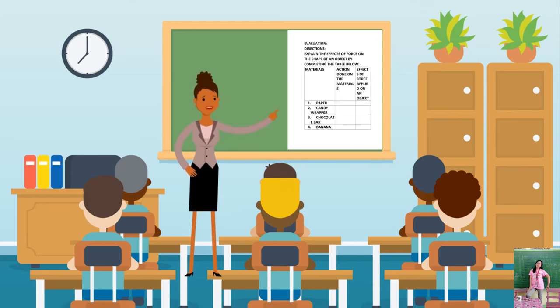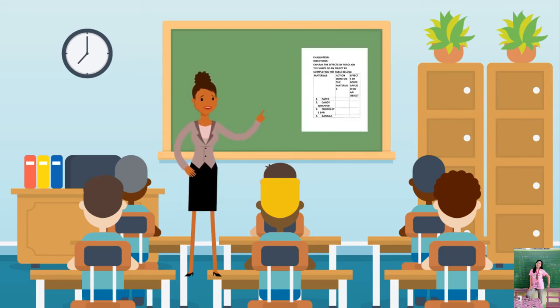The materials are paper, candy wrapper, chocolate bar, banana, paper clip. They are in the first column, while the second column is the action done on the materials, or the action that you will be doing for the materials. And the third column is the effects of force applied on an object.